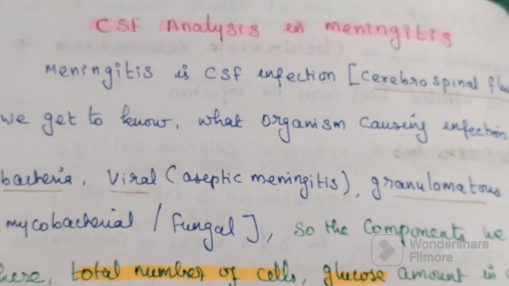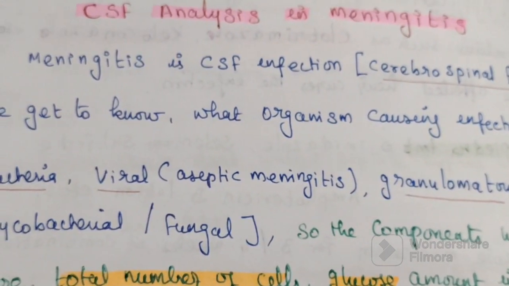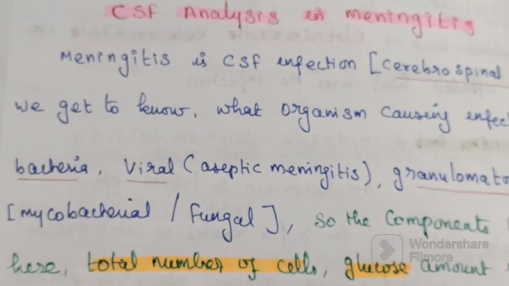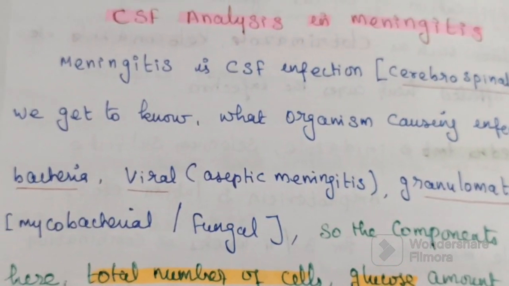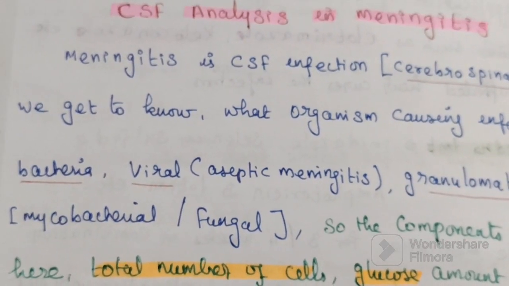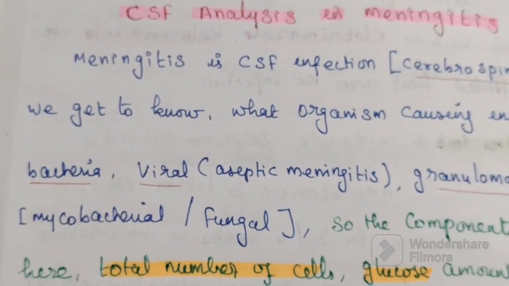Viral meningitis is also called aseptic meningitis. Then there is granulomatous meningitis, caused by mycobacterium or fungal infection, which is fungal meningitis.